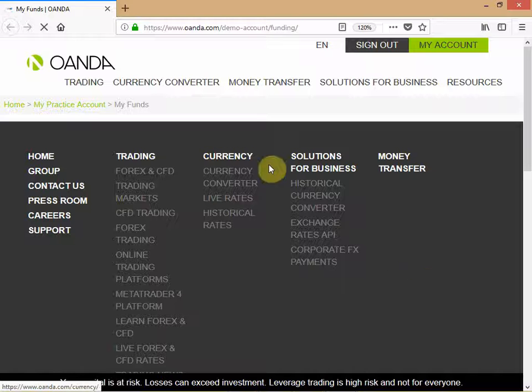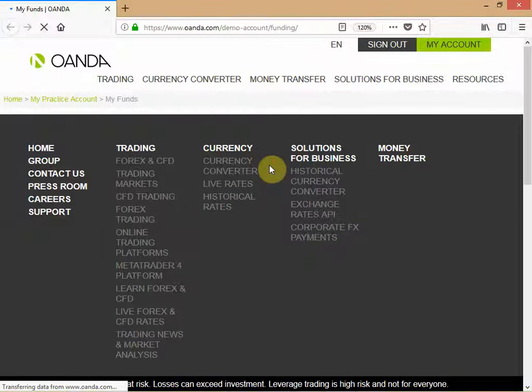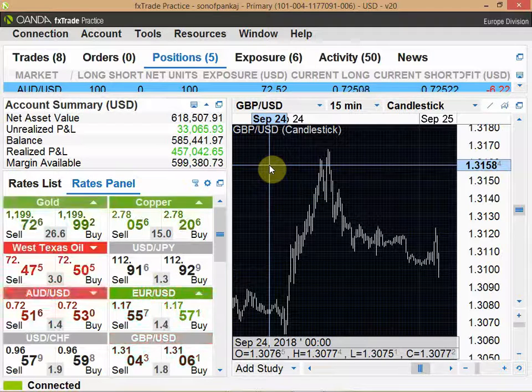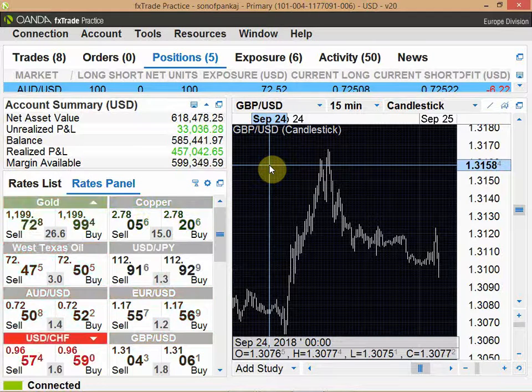This might actually open my Firefox. On this platform you can see this is a very good platform actually. Of course, you're in India, you're not allowed to trade in foreign exchange. But if you want to trade in foreign exchange, this platform is better than TWS.